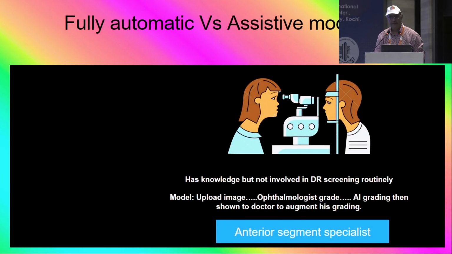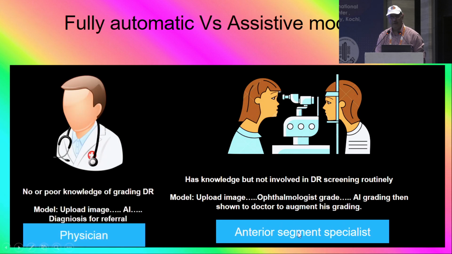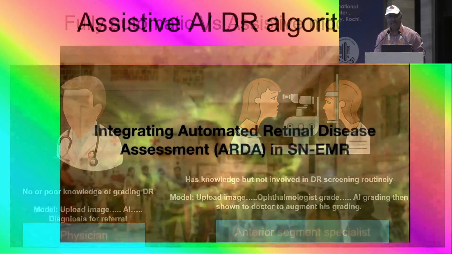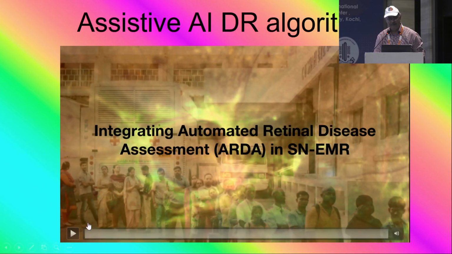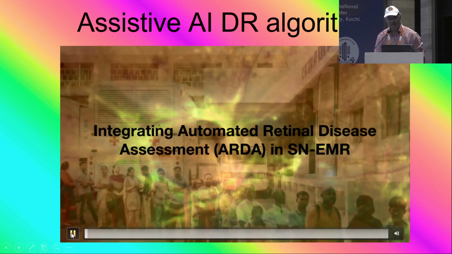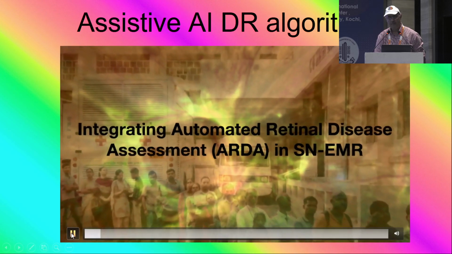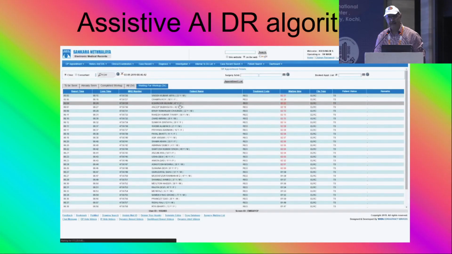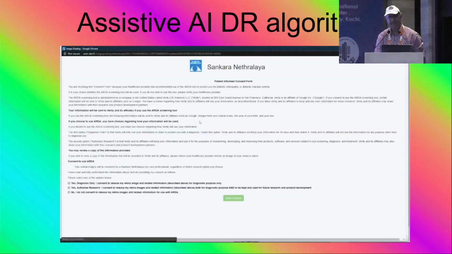And how SN is using it: there is an assisted mode where an eye doctor is given a photograph, for example an anterior segment specialist, or it can be done where the doctor has no knowledge about diabetic retinopathy and has been given photographs and AI assists. And this is the video which shows how the work is done there, EMR based.